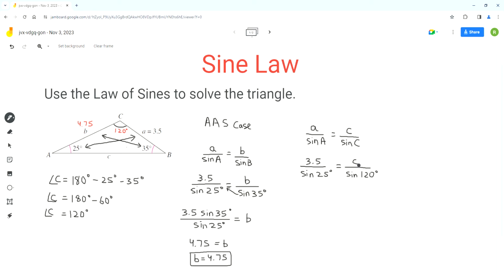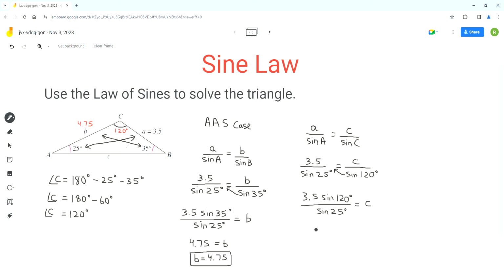And now we can isolate C by cross multiplying sine of 120 degrees. So we get 3.5 times sine of 120 degrees over sine of 25 degrees equals C. Now we can evaluate this expression.